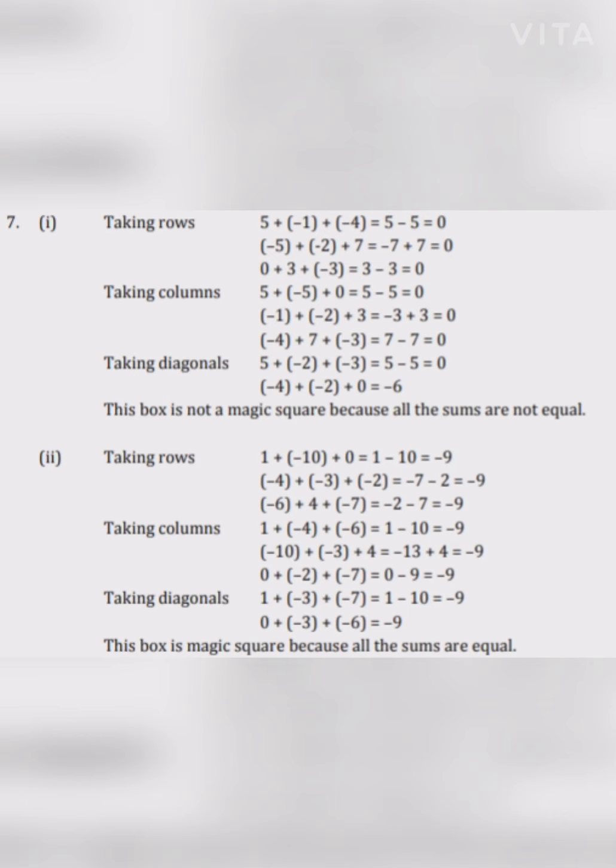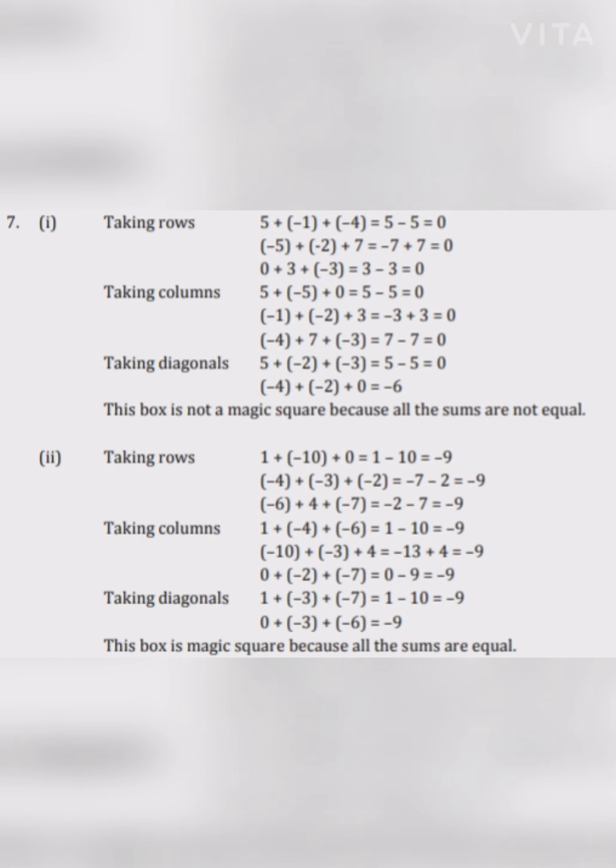Taking columns, 1 plus minus 4 plus minus 6 is 1 minus 10, which is minus 9. Minus 10 plus minus 3 plus 4 is minus 13 plus 4, which is minus 9. 0 plus minus 2 plus minus 7 is minus 9.